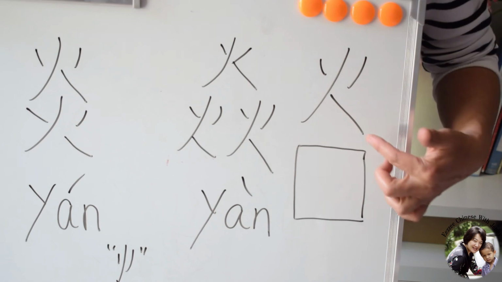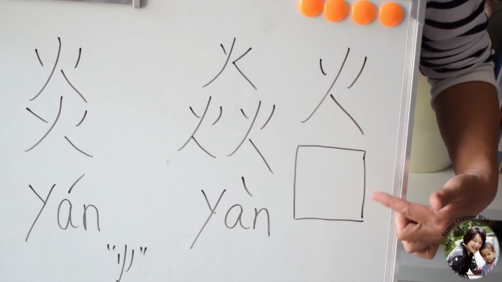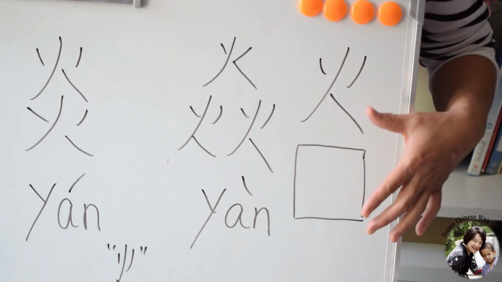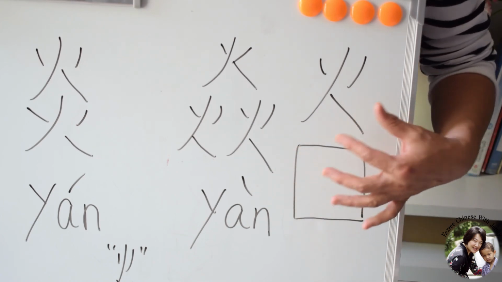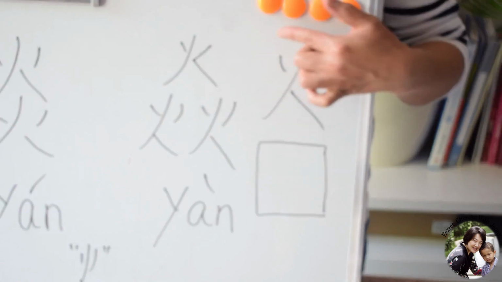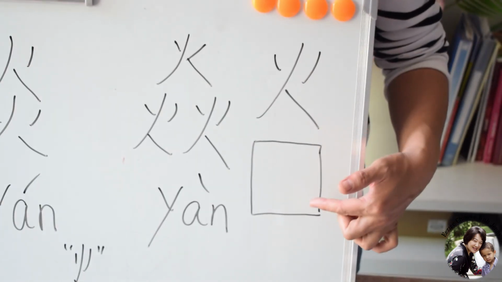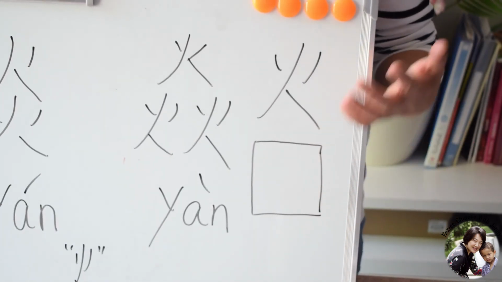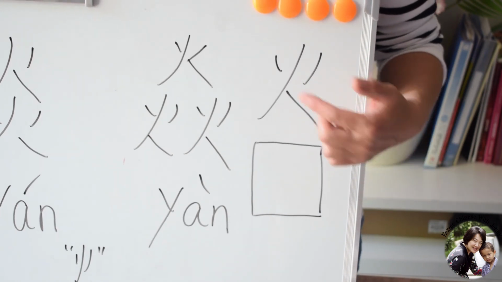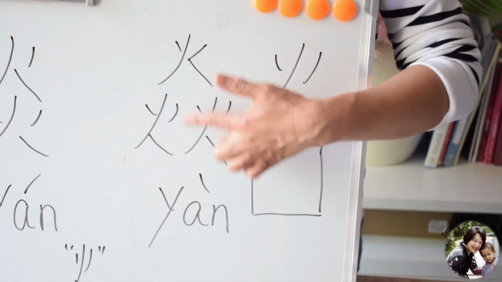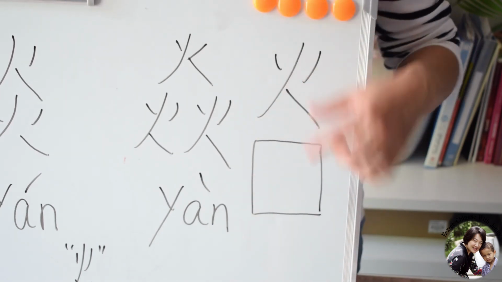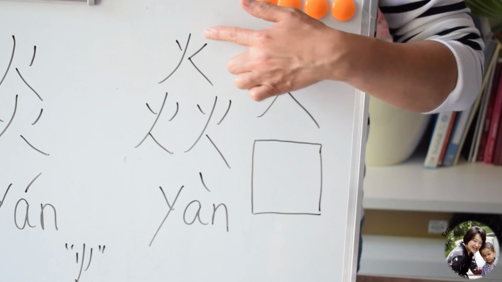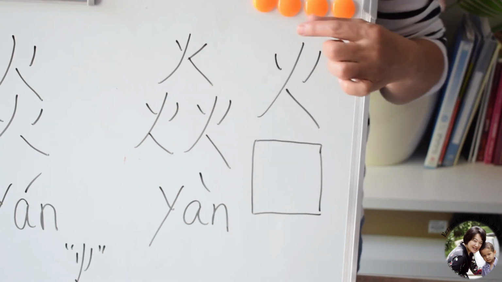Remember, when you write a Chinese character, always think you write the character in a square. That's why we call the Chinese character a square character. And if you need to write these three fires together in the same size of square, you just need to write each part smaller.